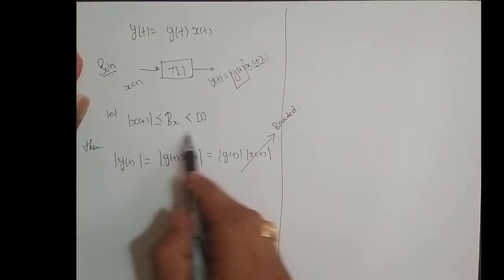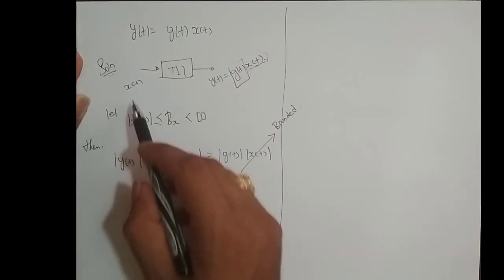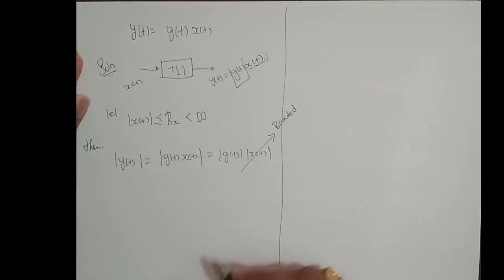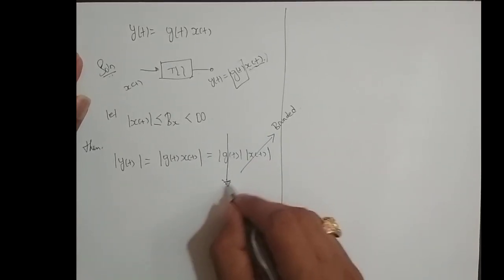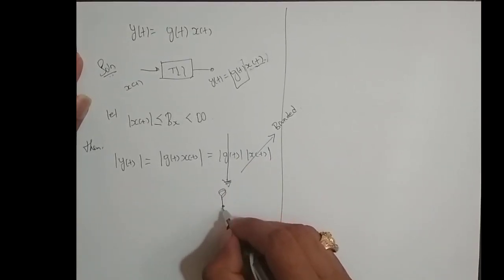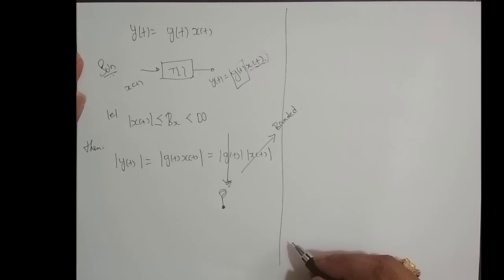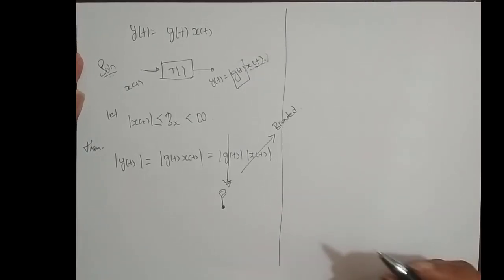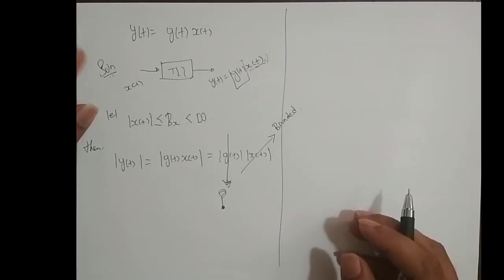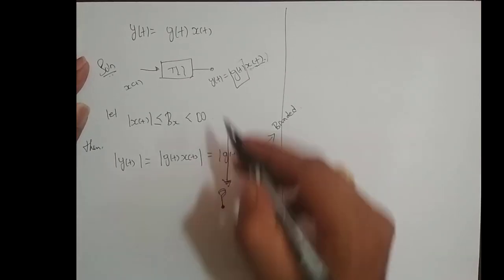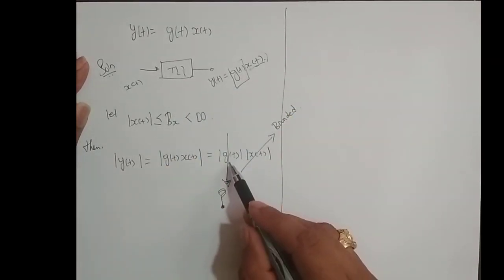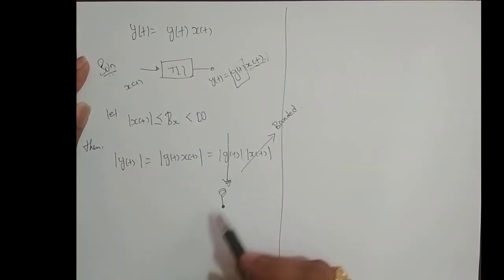Because we assume that the amplitude of the input signal we are applying is bounded. But what is this signal? Is this bounded or is this unbounded signal? We don't know, right? So therefore, the stability of the system depends upon the magnitude of the signal g of t.